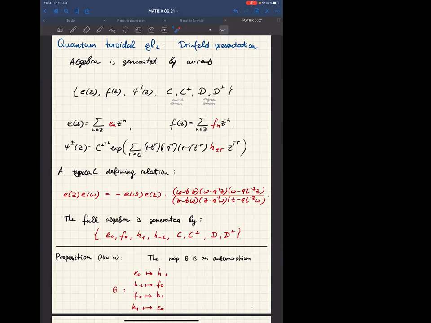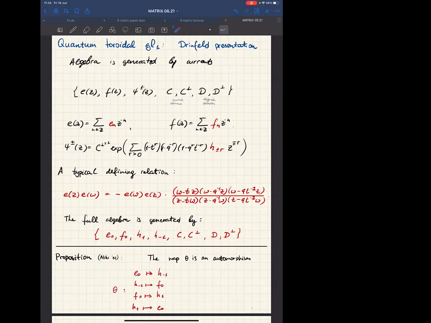So even though we have so many generators in this algebra, we can actually generate all of them using commutation relations and this small set of operators. And there is an important feature of this algebra, which is a group of automorphisms, and this is due to Miki.